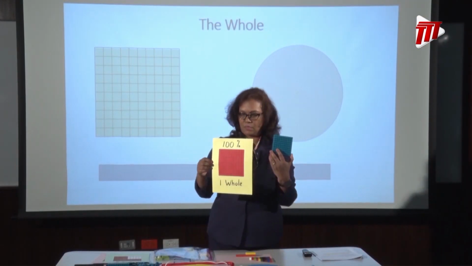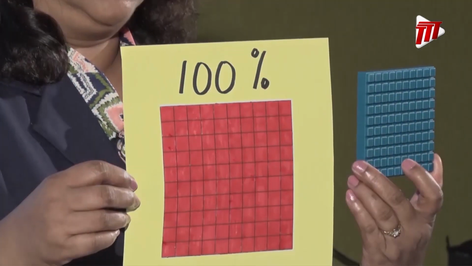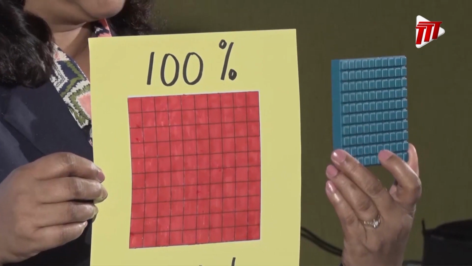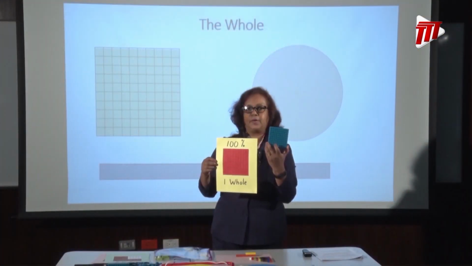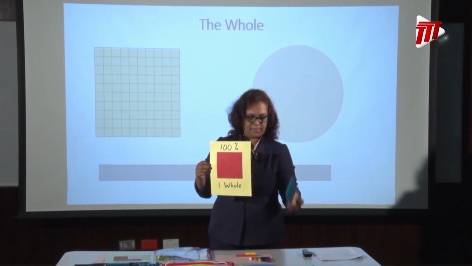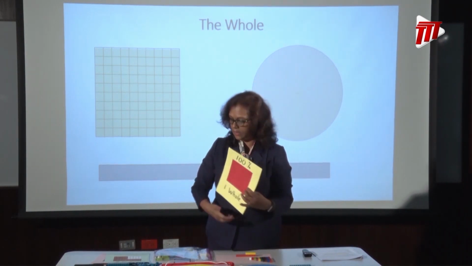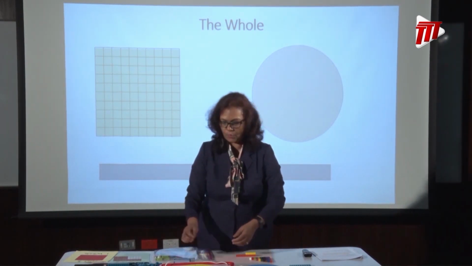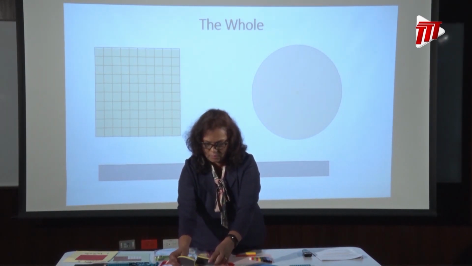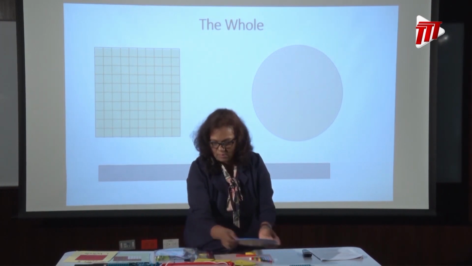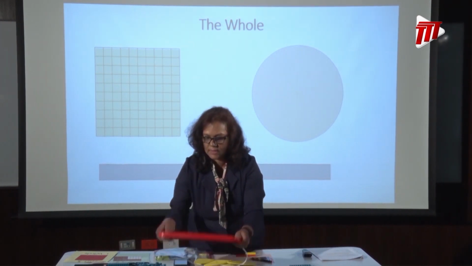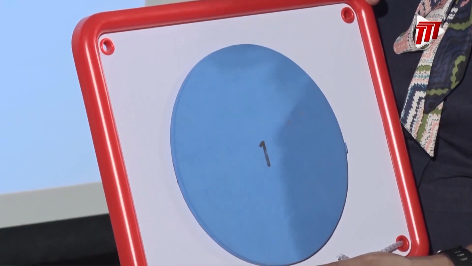This represents one whole with 100 smaller units. So the flat could represent one whole. And of course, we can represent the whole as a circle. So this is one whole.